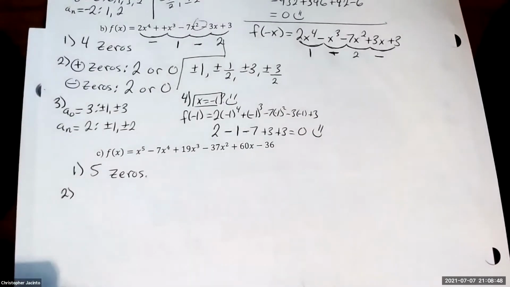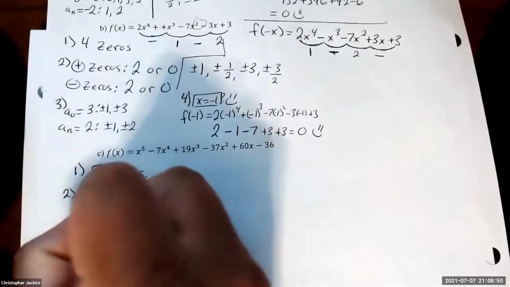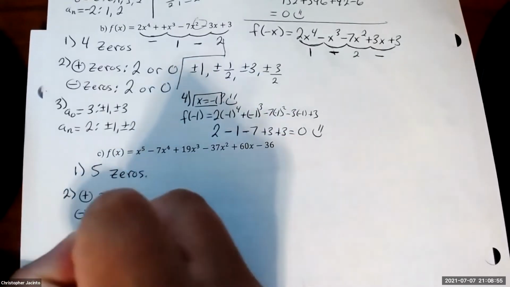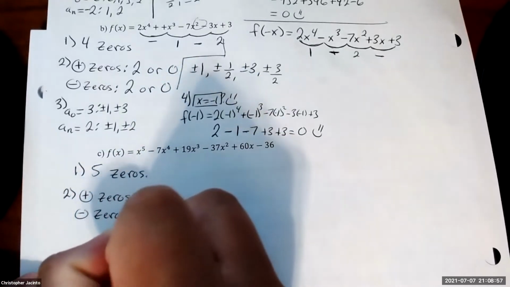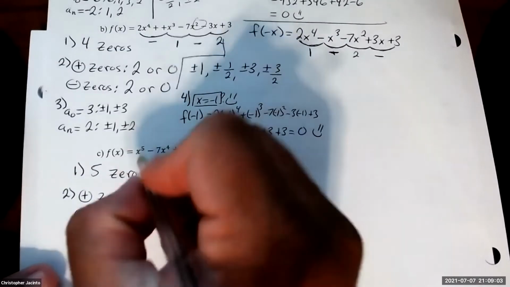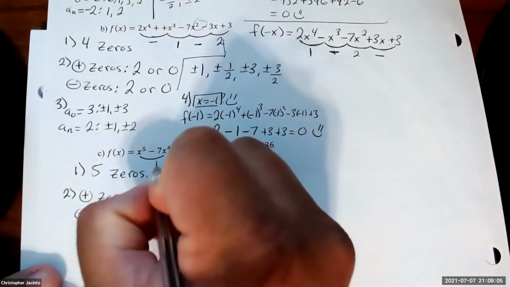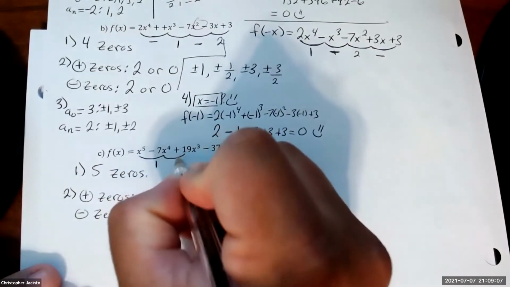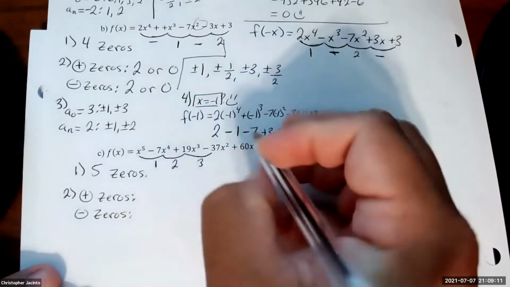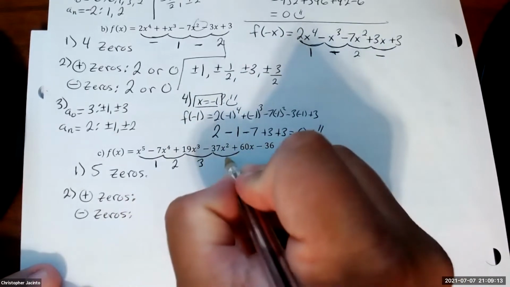All right, so how many positives? How many negatives? So here we have one sign change. That's another sign change. That's another sign change. That's another one.